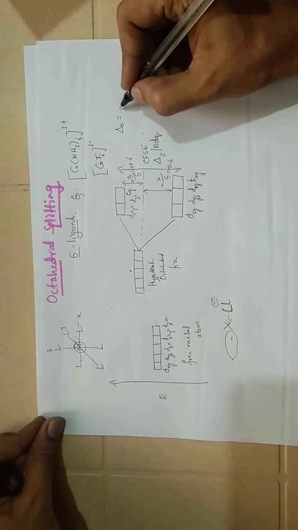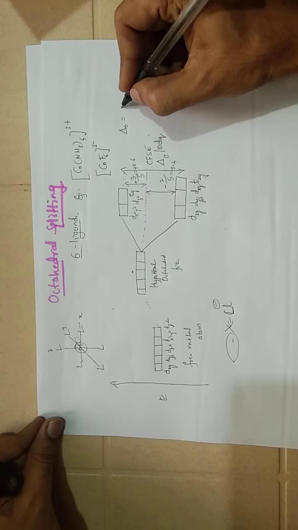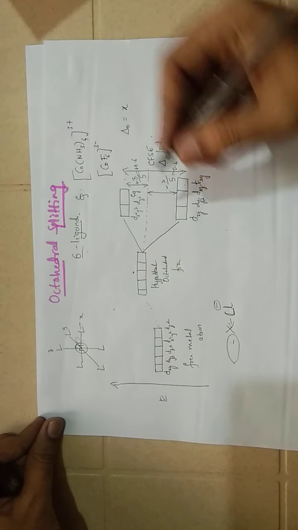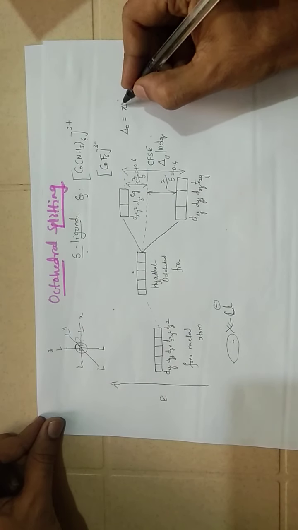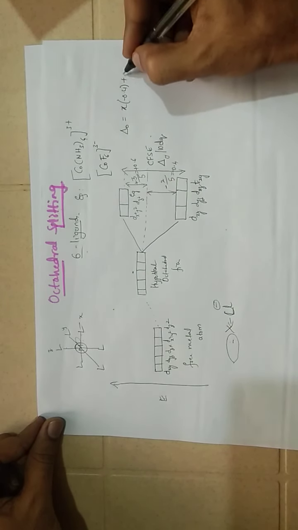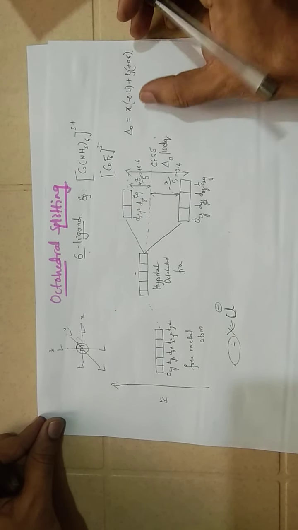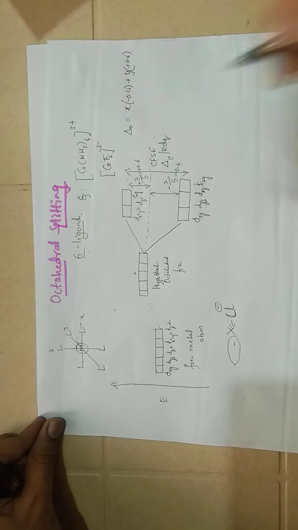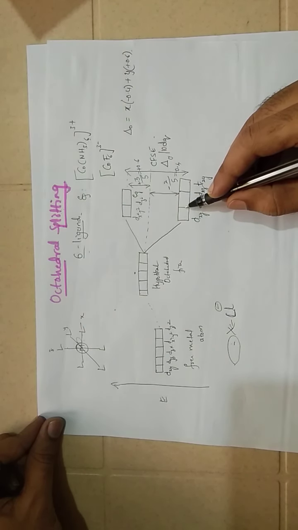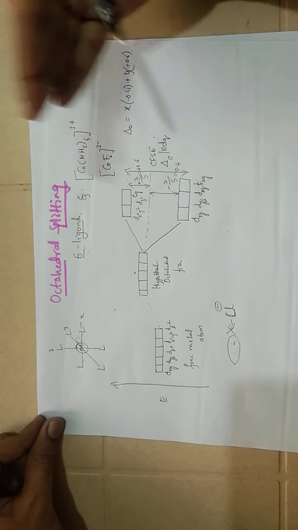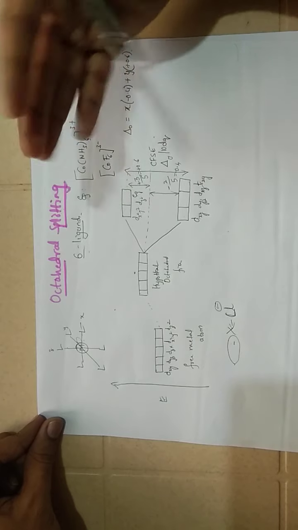If I consider x to be the number of electrons in T2g, it depends on the complexes, x into minus 0.4 plus y into plus 0.6. This gives the crystal field energy. We can calculate it by knowing the number of unpaired electrons. It depends on the complexes whether it forms high spin or low spin, like that we have to determine.